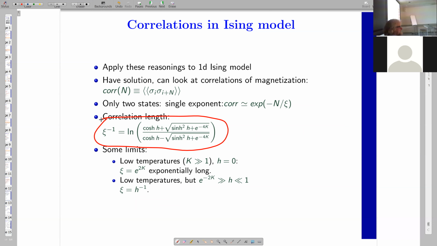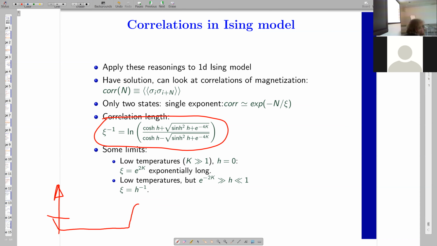What do you expect in this case? Suppose the coupling constant favors parallel spins. Then a typical configuration would look like this. There will be long domains of the same spins.